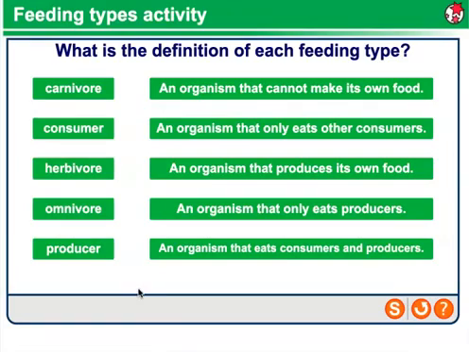So let's look at, based on what we've just discovered, can we match a definition of each feeding type? An organism that cannot make its own food. Is that a carnivore, a consumer, an herbivore, an omnivore, or a producer?